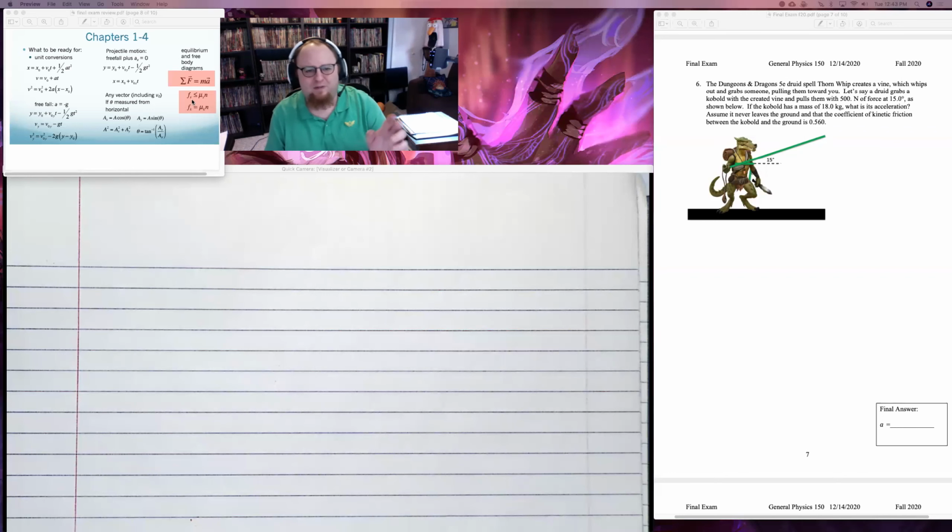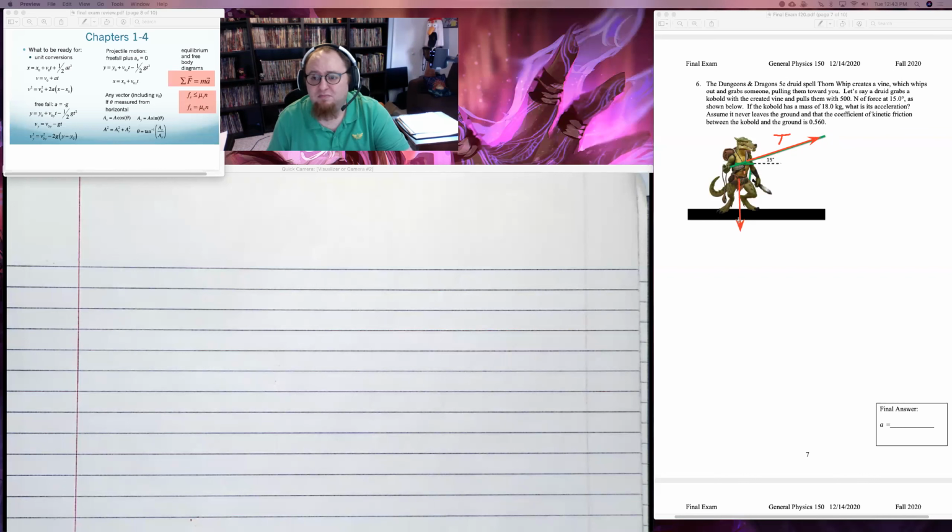It's at an angle, so we have to break that up. The kobold has that mass. What's its acceleration? If I'm going to solve for anything, I need to do my forces. This whip pulls along that value, and so my tension is like that. What other forces are acting on this person?